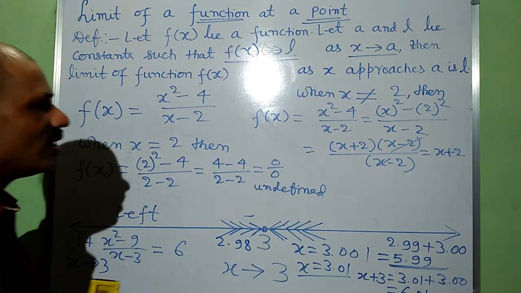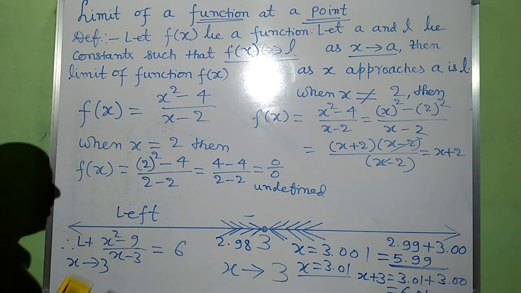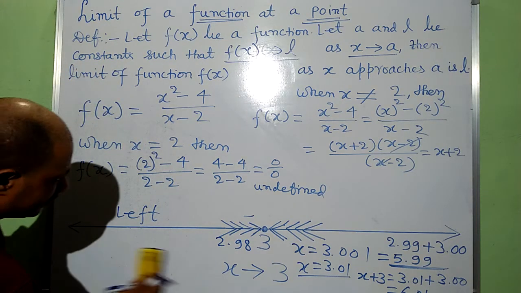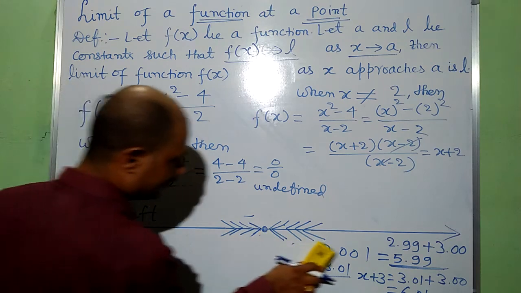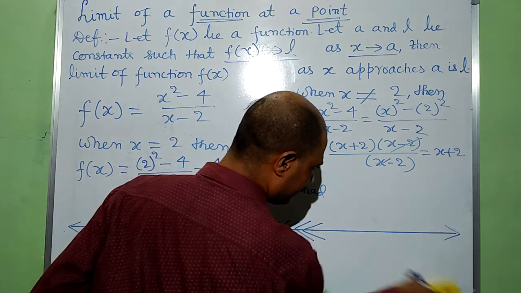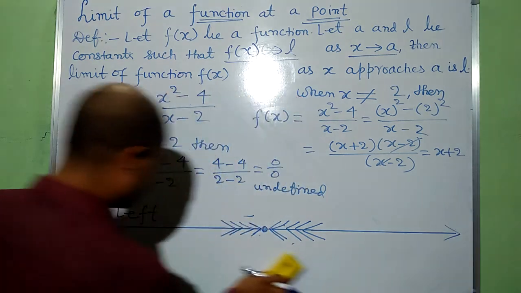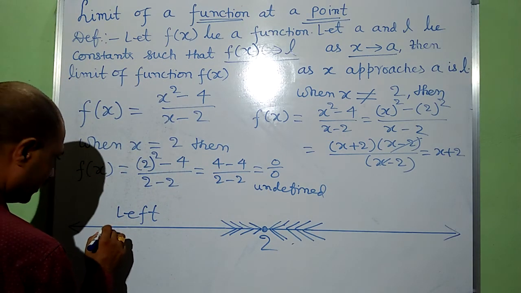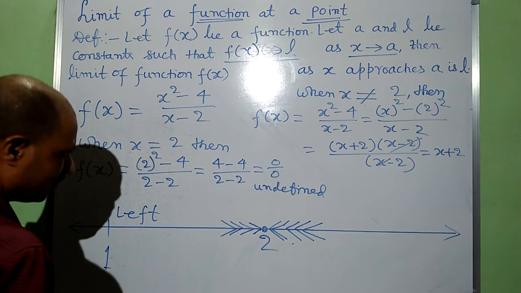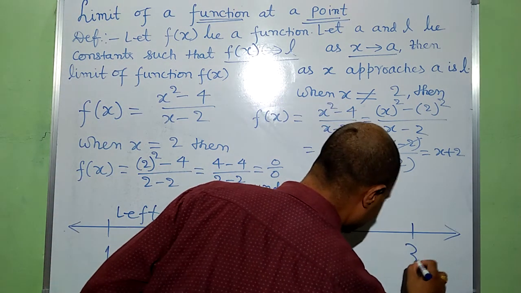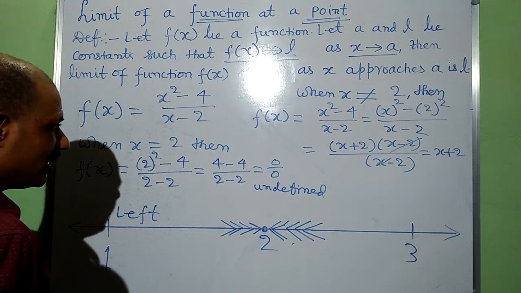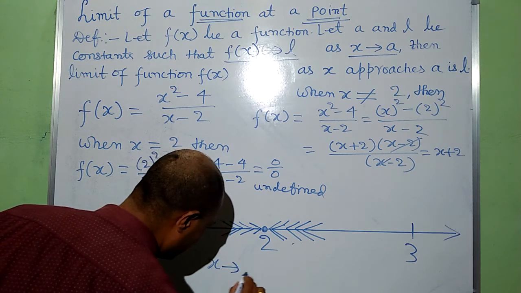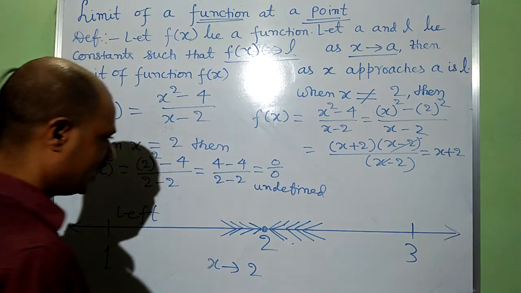Now we have to take the value of x slightly less than 2 or slightly greater than 2, like this. Suppose this is 2, then here will be 1, here will be 3. This is a number line, and x is approaching 2 from the left side.